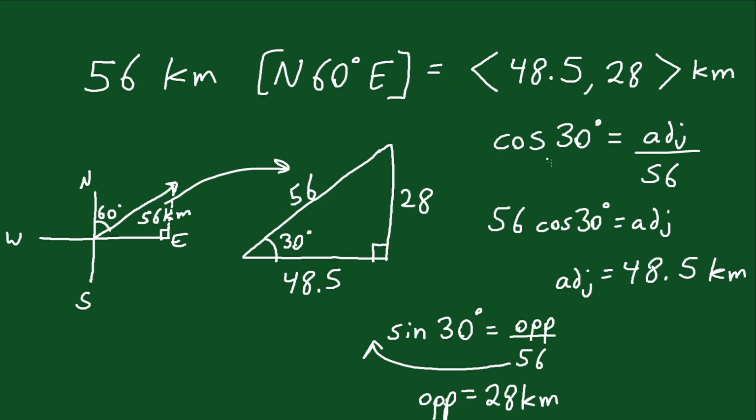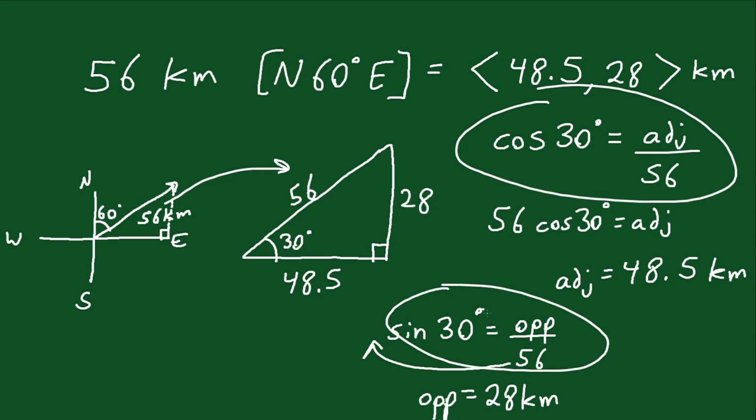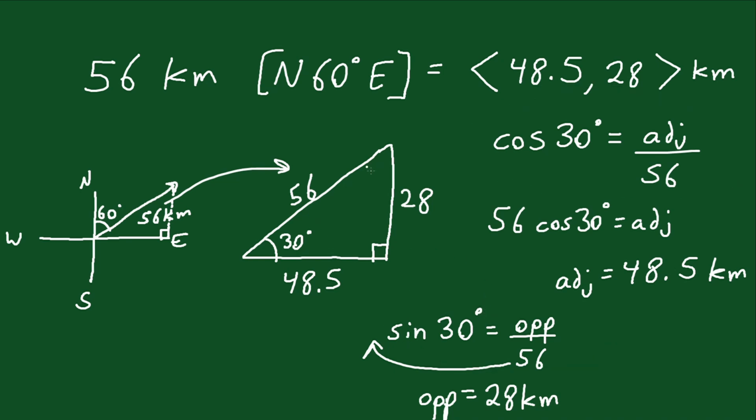Now, you can use a little shortcut here. You don't have to write out your trig ratio every time. What's nice about this is if you have a vector here and you want to find the x component, all you have to do is take that vector magnitude, the 56, and multiply it by cos of the angle that you have here.